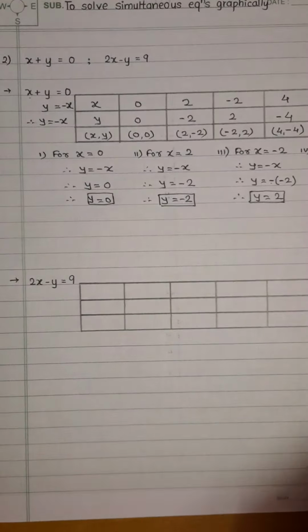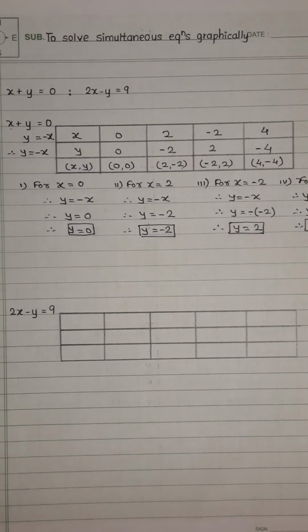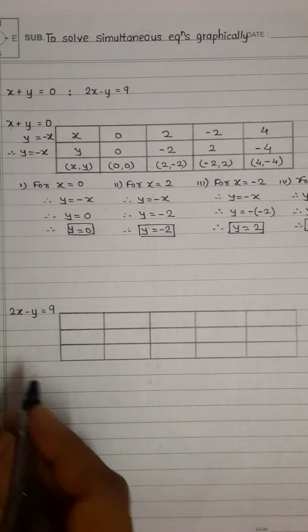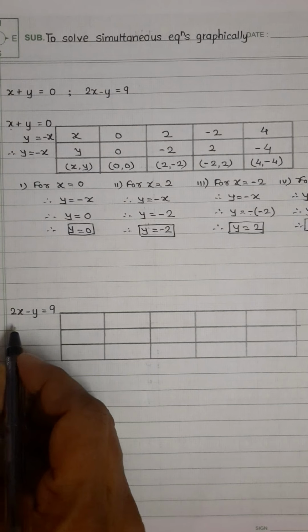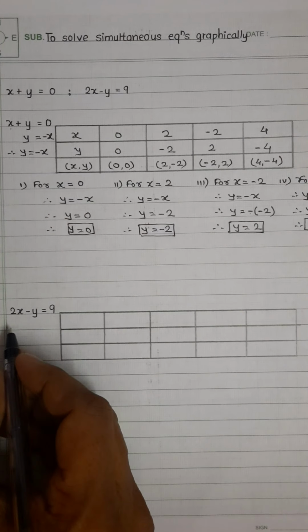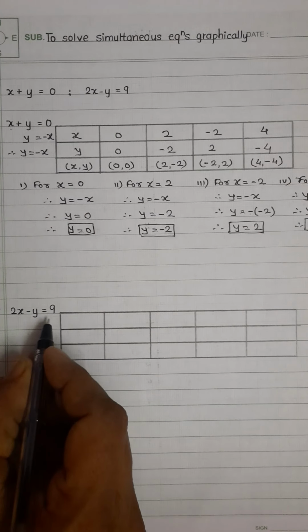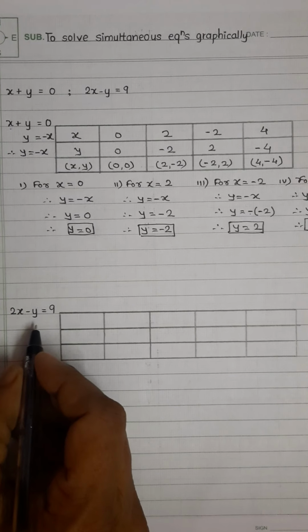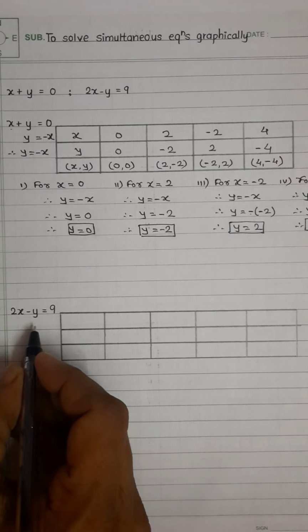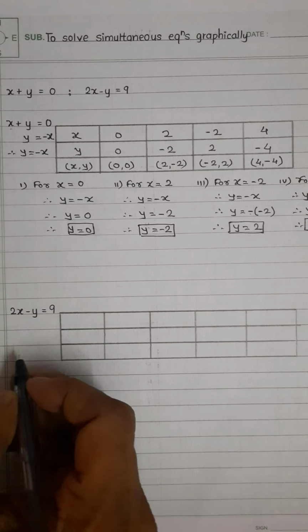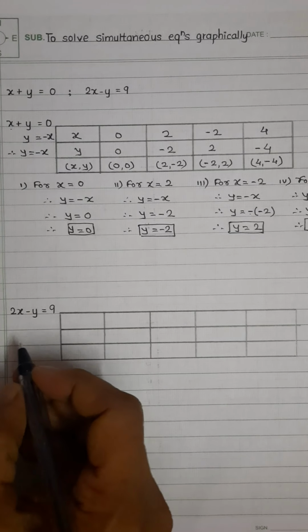Now we have to see the second equation. In that second equation, similarly as we saw in the first equation, we have to find out the 4 order pair. For finding out that 4 order pair, we have to convert this equation. First of all, see the equation 2x minus y is equal to 9. Convert this equation. For one variable, we have to find out the value of one variable in the form of another variable.